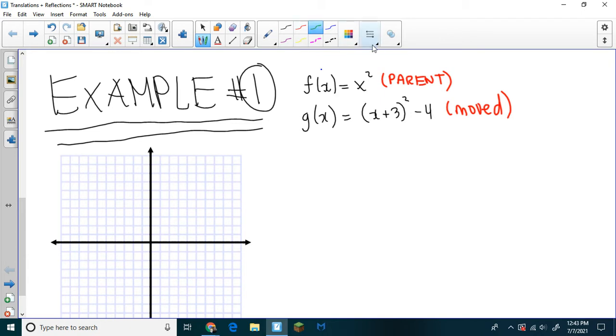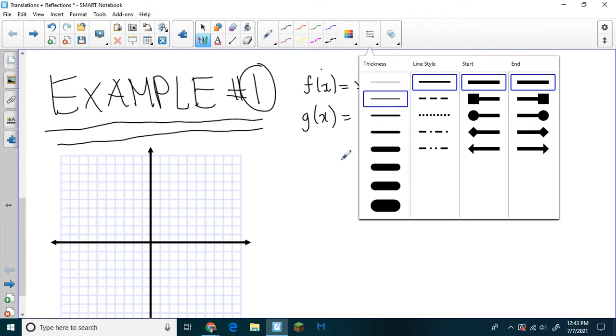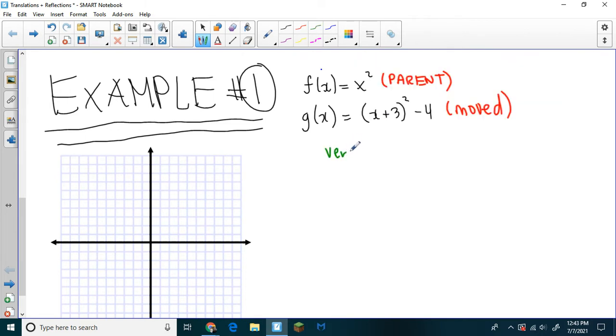So now again, generally, if you know it's in vertex form, we know where the vertex is. The vertex here is -3 and -4.